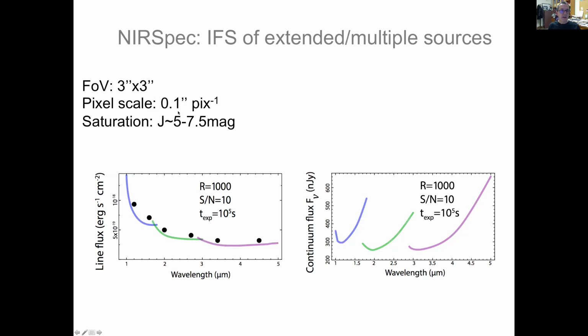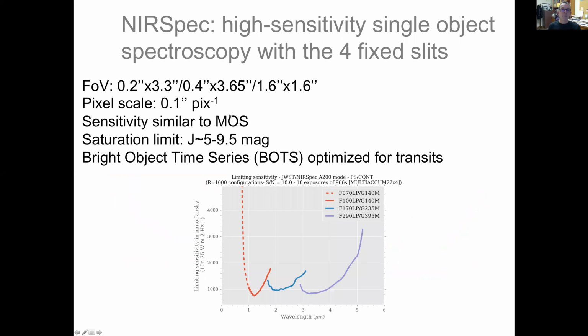It can look at fairly bright objects, J magnitude of about 5 to 7.5. Now, as I mentioned, NIRSpec also has fixed slits, and those give what we call high sensitivity for single object spectroscopy, because the microshutter array is not perfectly opaque. There's a little bit of light leaking, but not a lot.